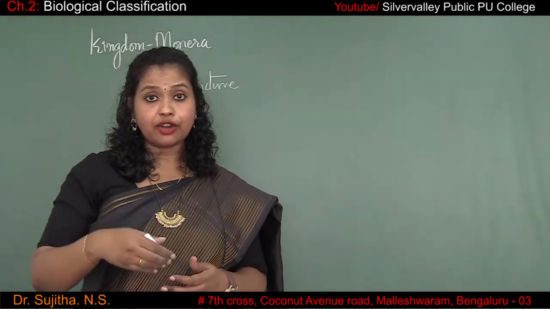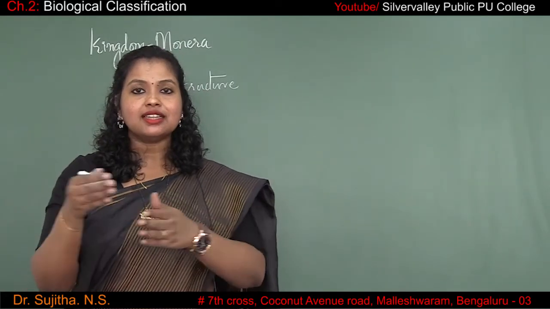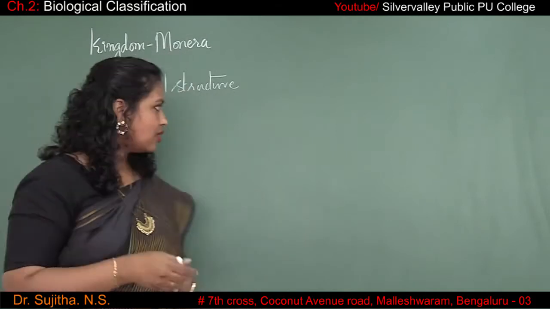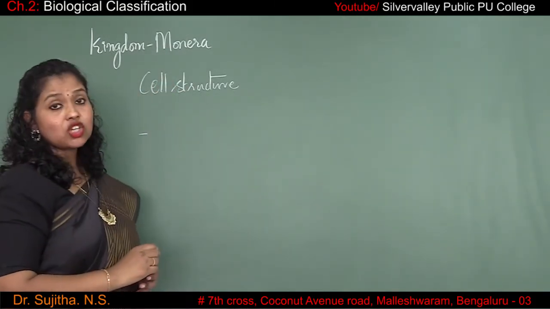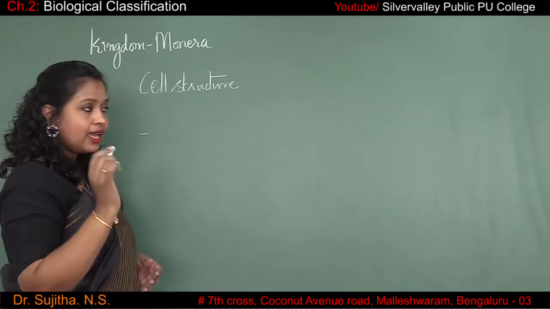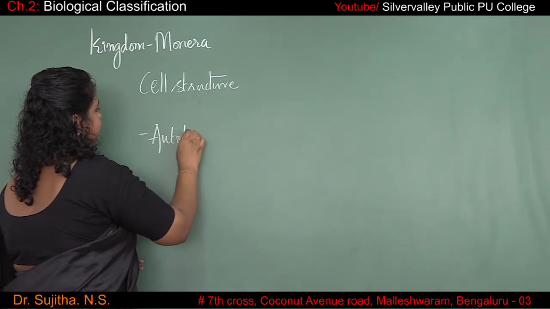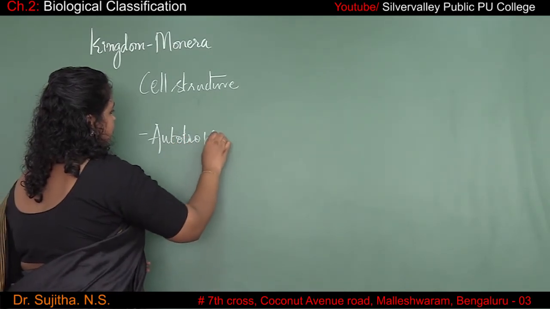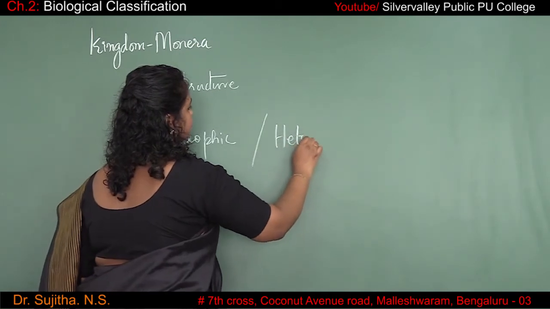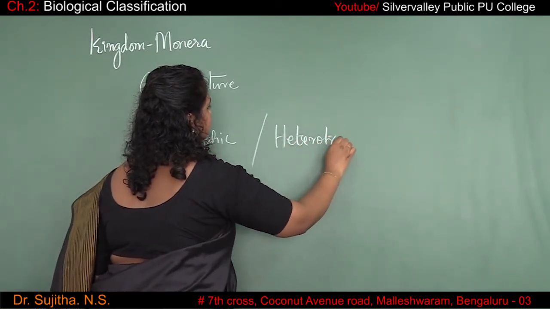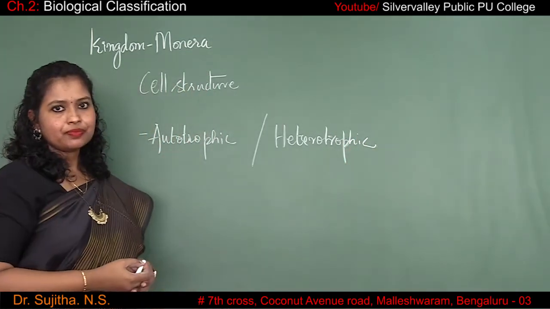Now, when you refer to autotrophic and heterotrophic, there are many other categories. As I said, the living organisms which come under kingdom Monera can be autotrophic or heterotrophic.